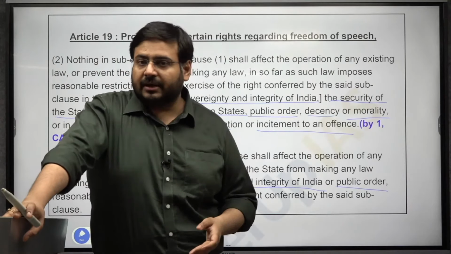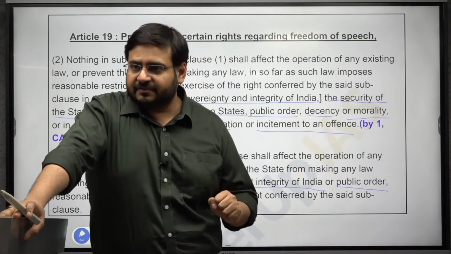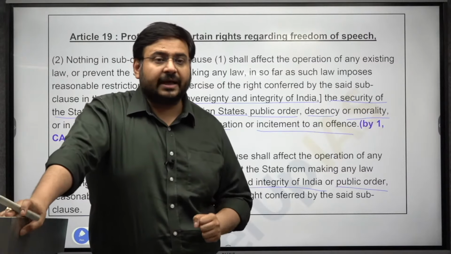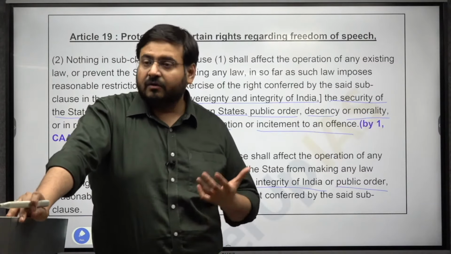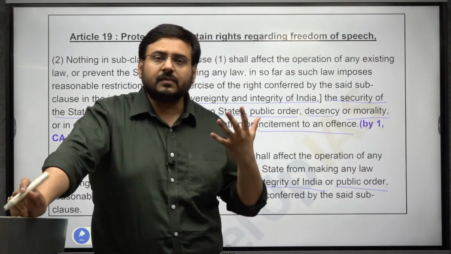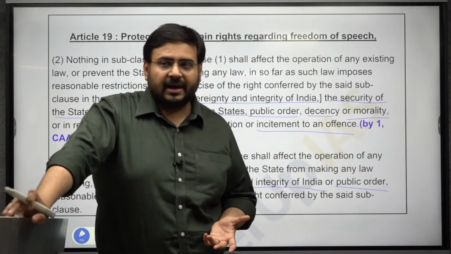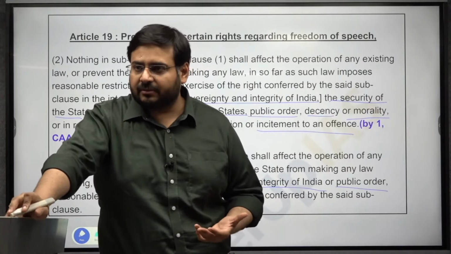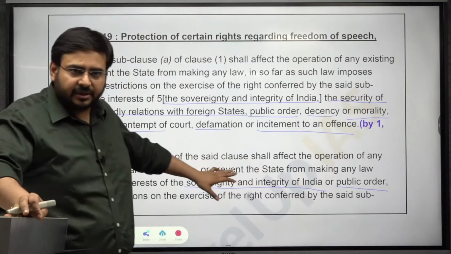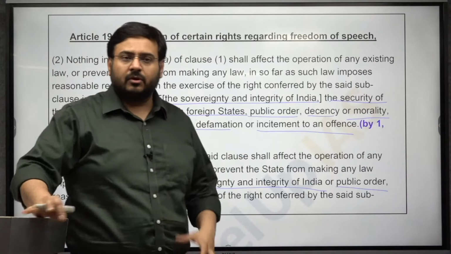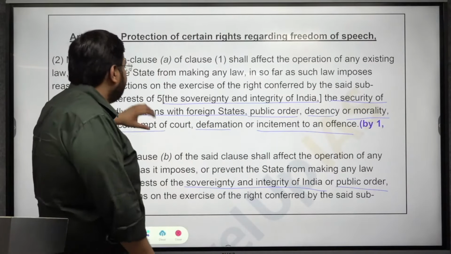If you are assembling at a place which is affecting the public order, your assembly can be restricted. For example, the roads, railway lines, that may affect the public order, right? So that can be restricted. Then you have the right to form association, union and cooperatives.